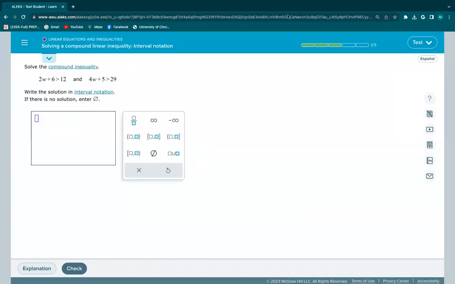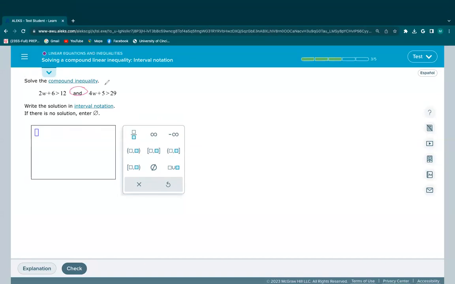It's being nice. So remember that the and is overlap. So I need both. And I need overlap. All right, so we're going to solve them. And I'm going to change colors. So 2w plus 6 is greater than 12. And 4w plus 5 is greater than 29. All right, so we have minus 6.